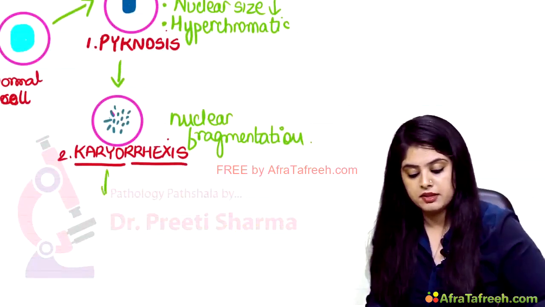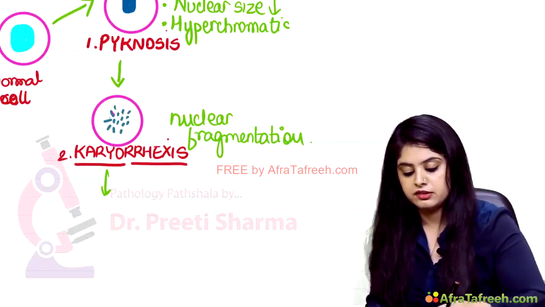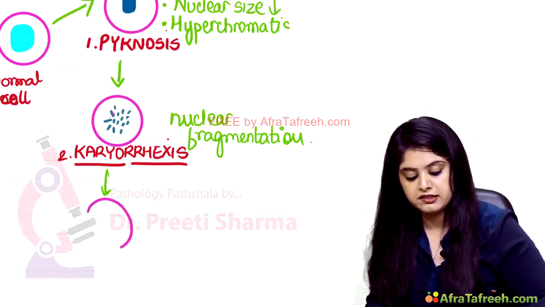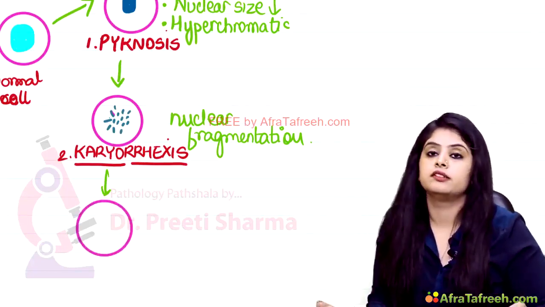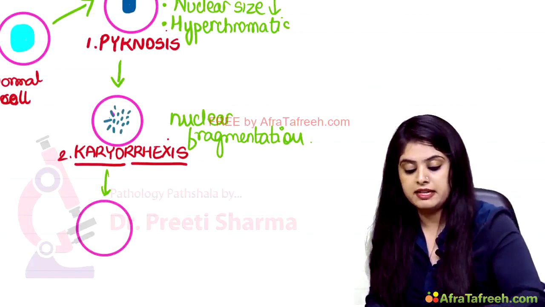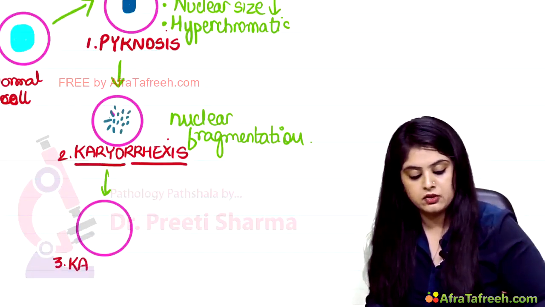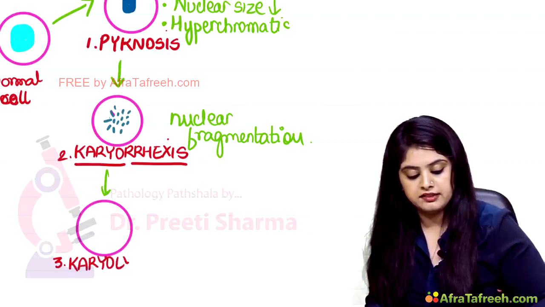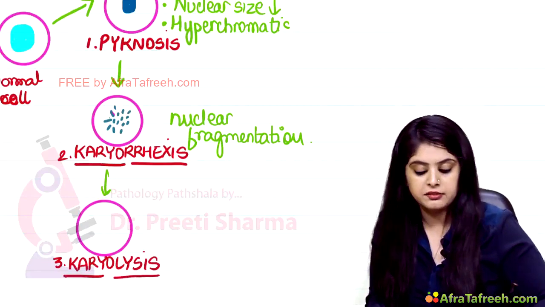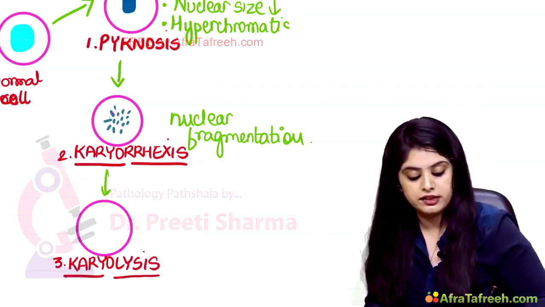The third step that we go towards now, students, is going to be the final step where the nucleus is gone. It has completely vanished. That is referred to as karyolysis. So you can again focus. Karyo means nucleus. Lysis means dissolution. The nucleus has dissolved. That is referred to as nuclear dissolution.